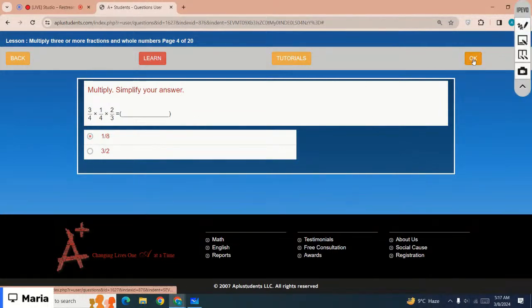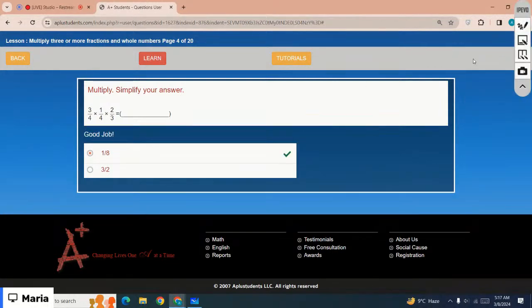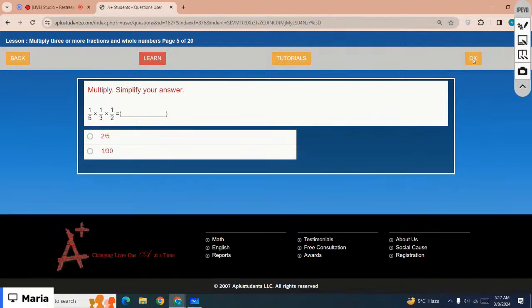Okay, the next one is 1 by 5 times 1 by 3 times 1 over 2. So, which is the correct option?